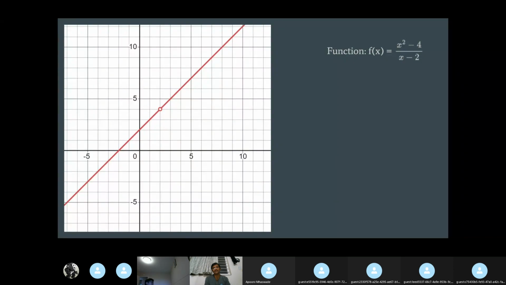The thing is that when you have a 0 in the denominator, things get complicated. When you have a 0 in the numerator too, things get even more complicated.